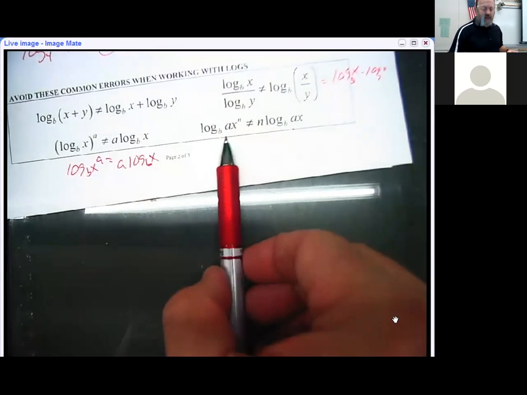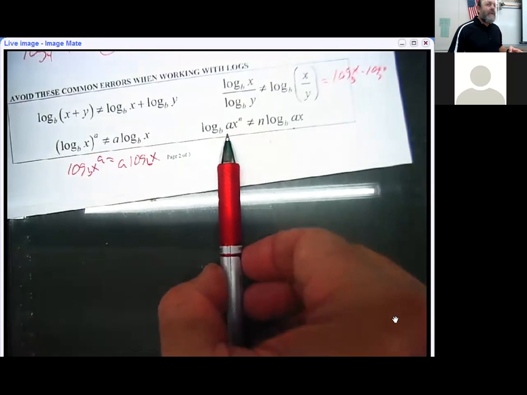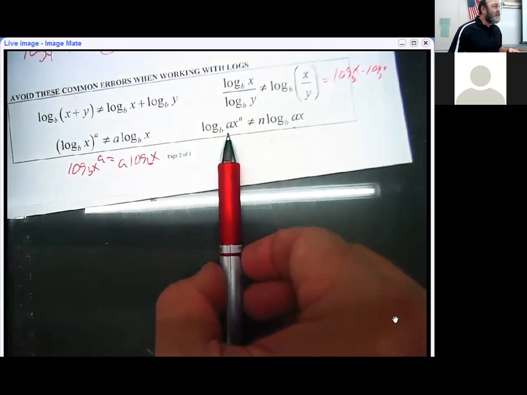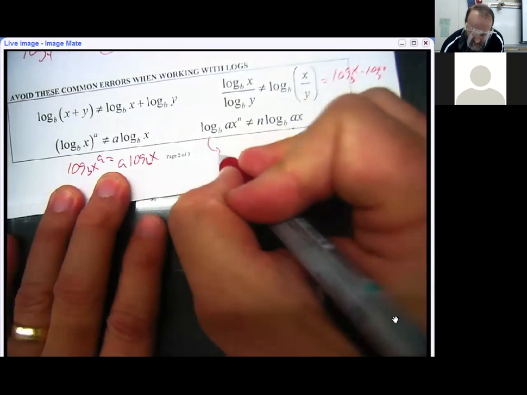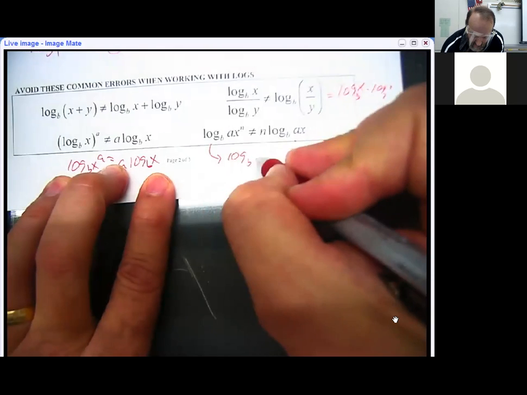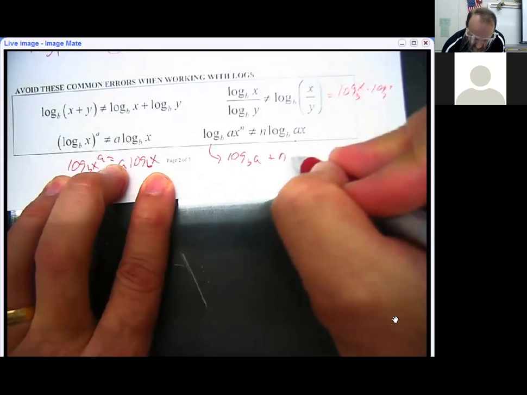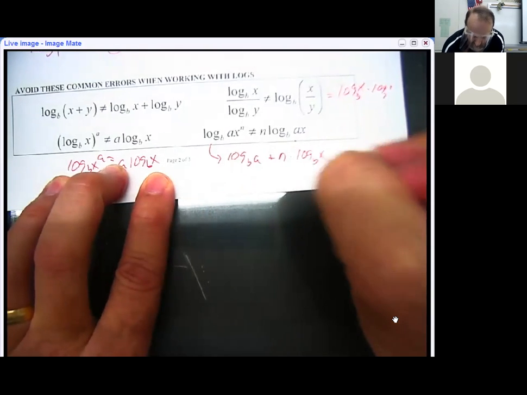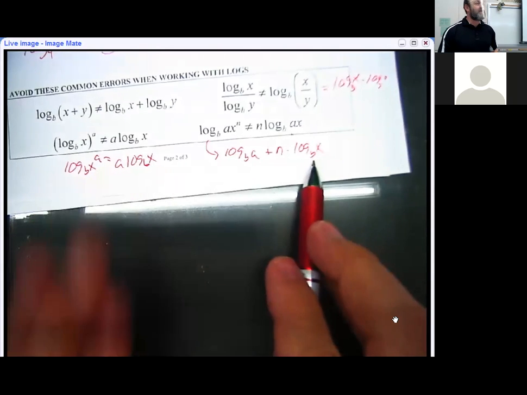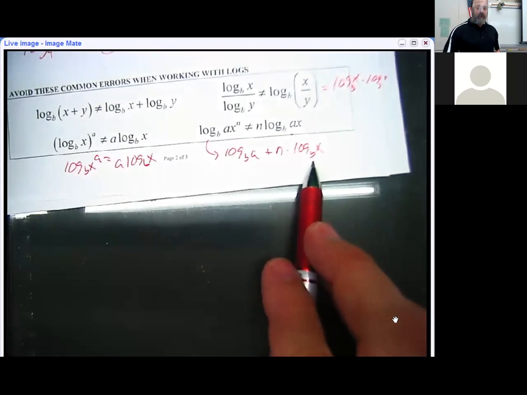Yeah, does a right now have that exponent? No, it doesn't. In fact, if I was going to do this, it would be the log base b of a plus n times the log base b of x, because only the x part had that exponent. Pretty dang important.